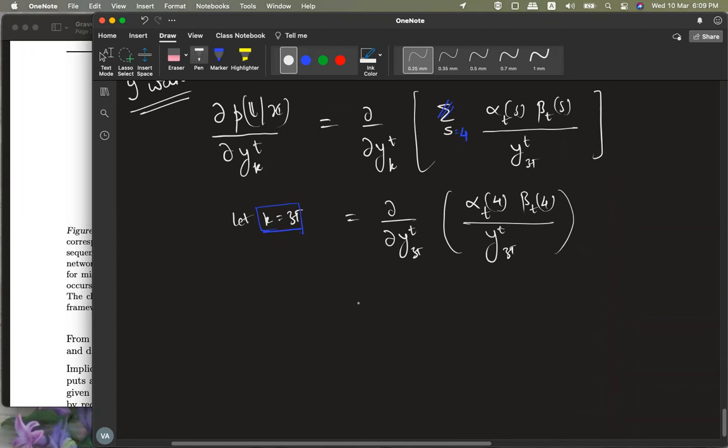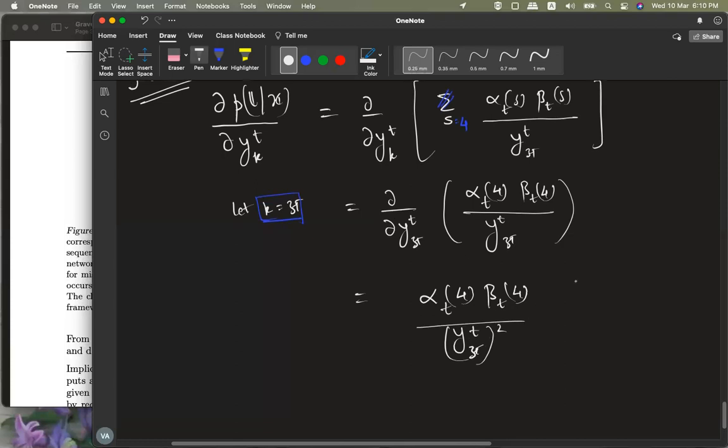That term gets cancelled and only the constant part remains. So we get alpha_t4 beta_t4 divided by y_t whole square. The two y_t terms both get cancelled. So this will be the derivative.